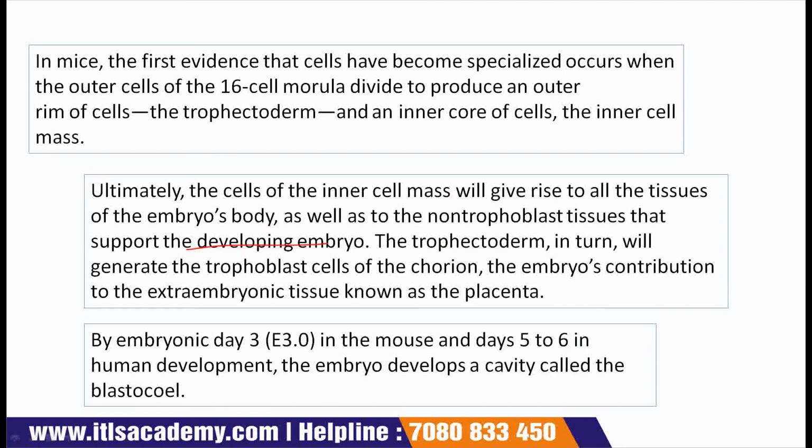This trophoectoderm, that is the outer layer, in turn will generate the trophoblast cells of the chorion, the embryo's contribution to the extra embryonic tissues known as the placenta. This trophoectoderm helps in the formation of placenta.